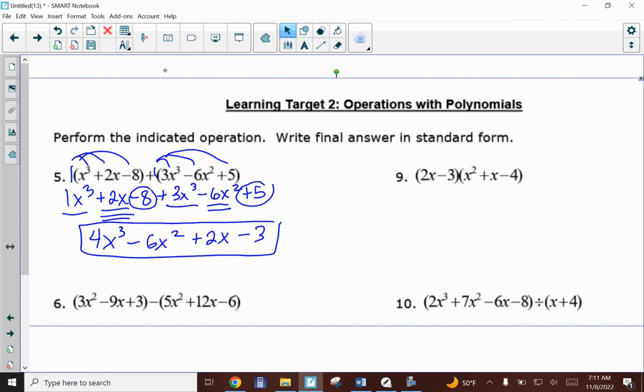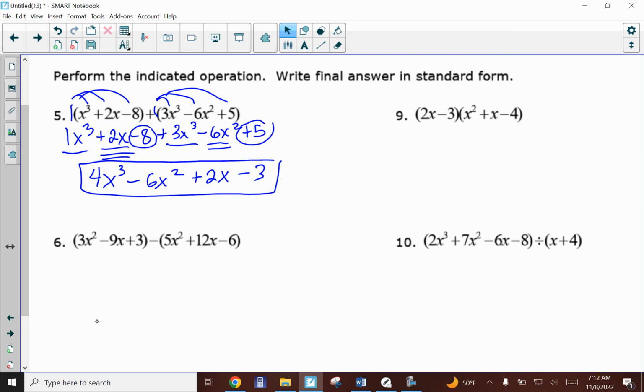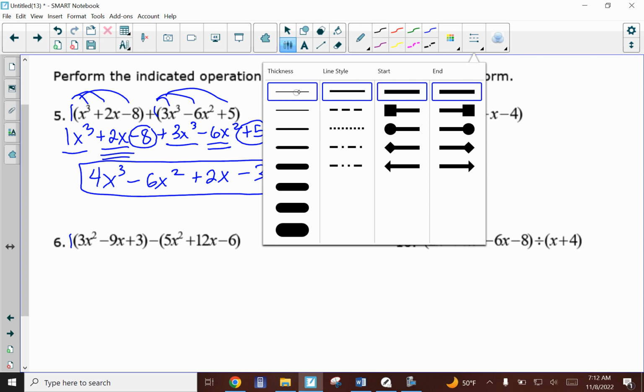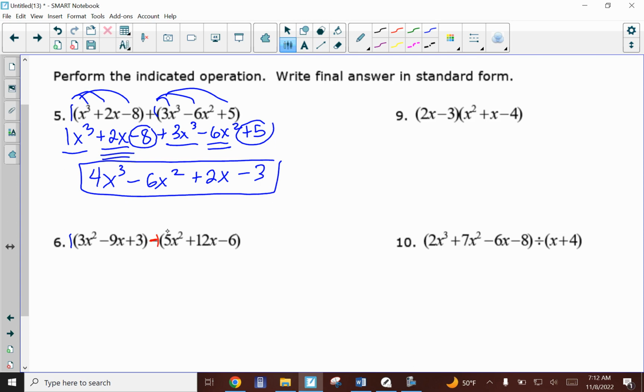So when we do problem 6 down below, problem 6 is very similar, except this one actually has a -1 right here. You're going to have to be real careful with that, because when you multiply something by -1, every sign flips. So this is going to be -5x squared minus 12x plus 6. The first one isn't really going to change because it has a +1.